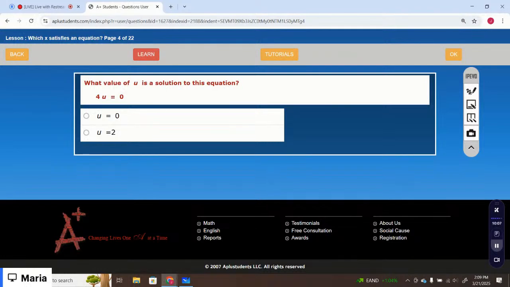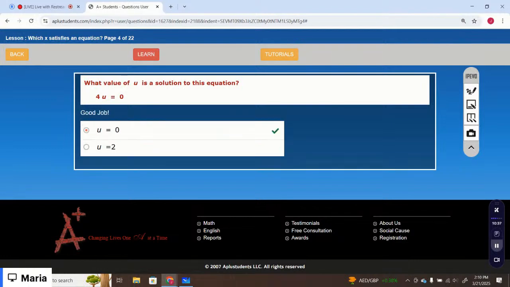What value of u is a solution to this equation? 4 times u equals 0. So 4 times 0 is 0. Option number 1 is the correct option.